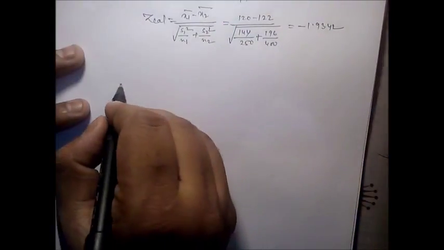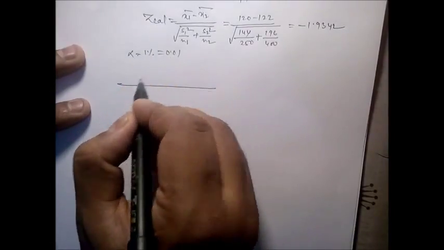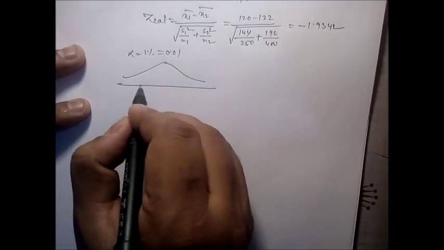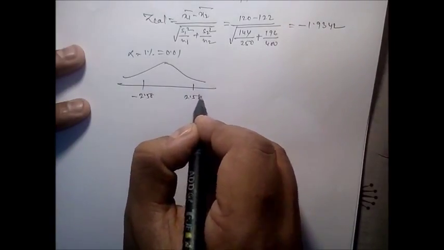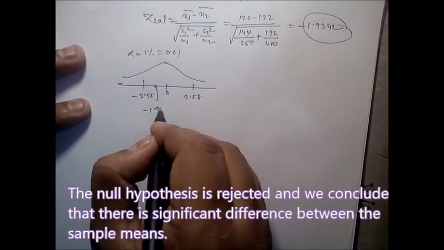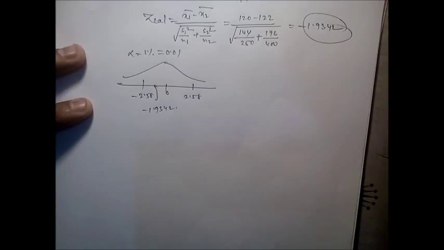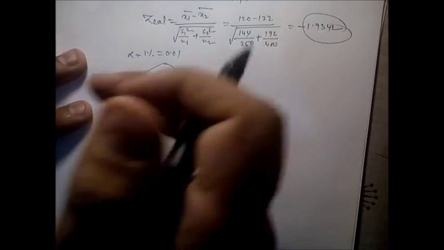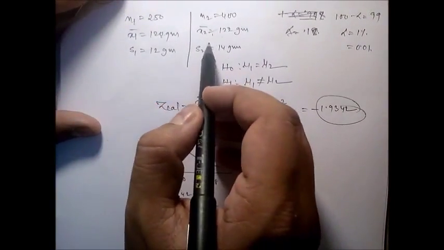Okay, alpha is equal to 1%, that is 0.01, so minus 2.58 is the critical value, and this particular value is somewhere here, minus 1.9342. So do not reject the null hypothesis. Okay, that means this weight difference is insignificant.